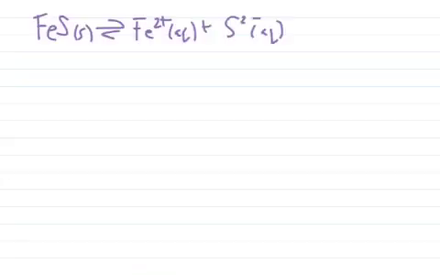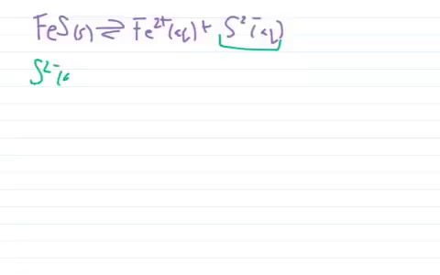So let's do iron 2 sulfide. Iron 2 sulfide is a solid. So we get the ion of iron and the ion of sulfur to give us sulfide. Now remember, with sulfide, we need to break it apart again.